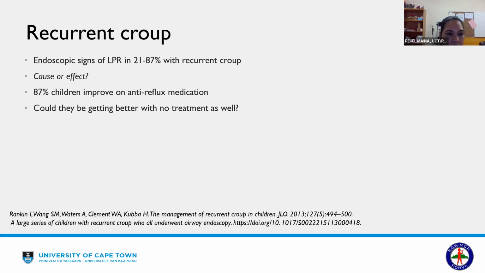So whether there is a cause or an effect is difficult to say, but in one of the studies quoted at the bottom of the slide, they found that 87% of children improved on anti-reflux medication. So the question in this study was, yes, it does help, but with these confounding factors, treatment of those factors alone without anti-reflux medication could have also resulted in improvement.